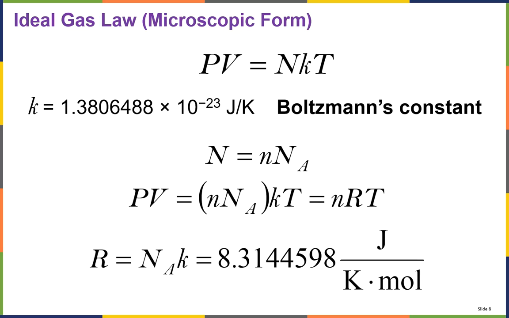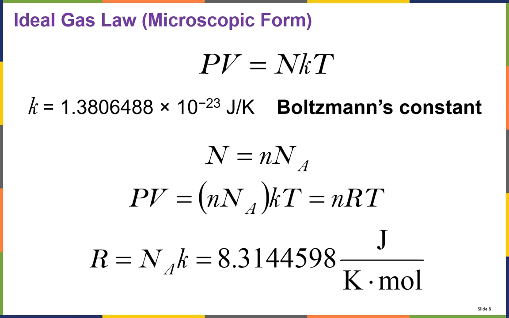Avogadro's number is basically such that if the mass of one atom of carbon 12 is 12 atomic mass units, then the mass of one mole is 12 grams. But it gives you a specific number.